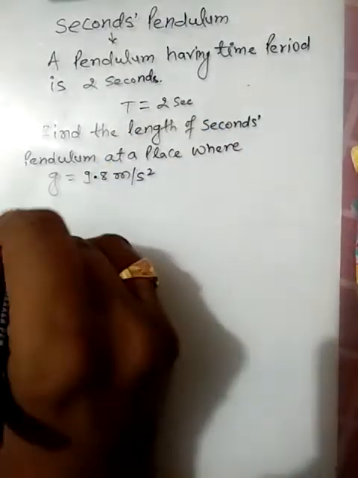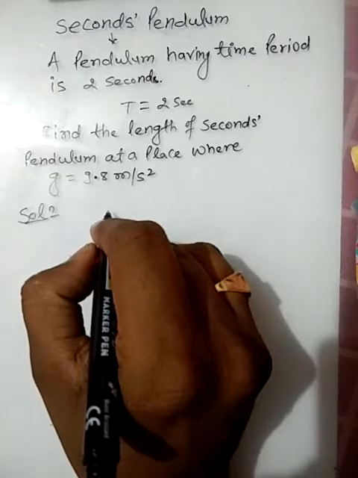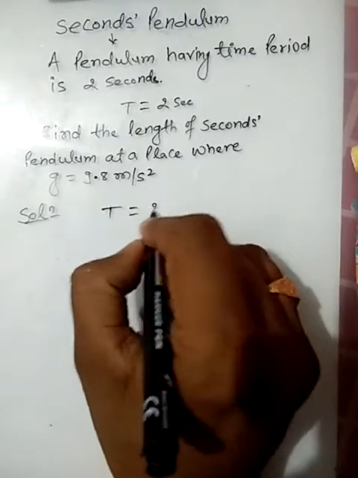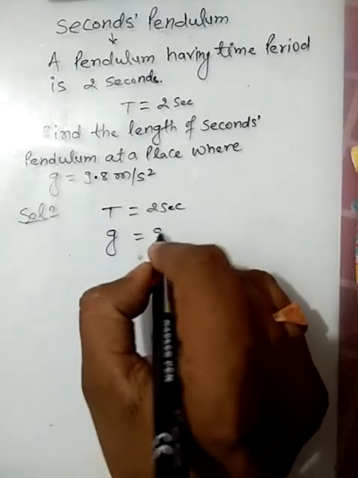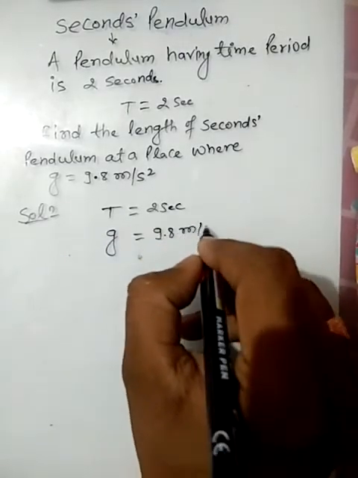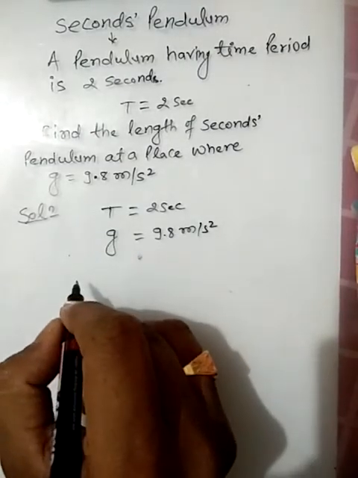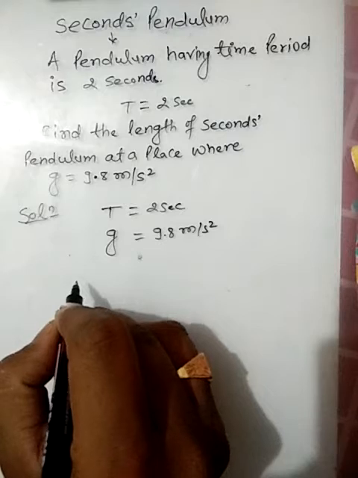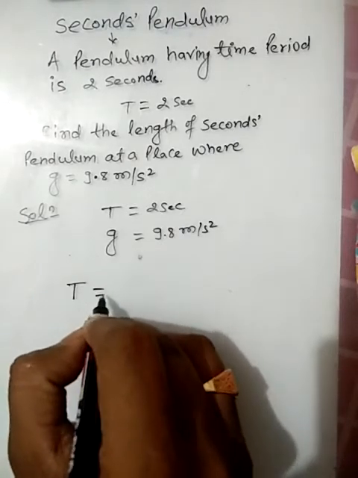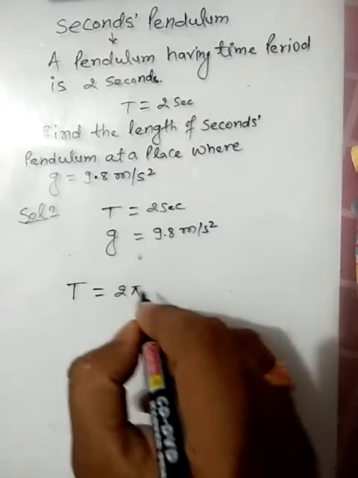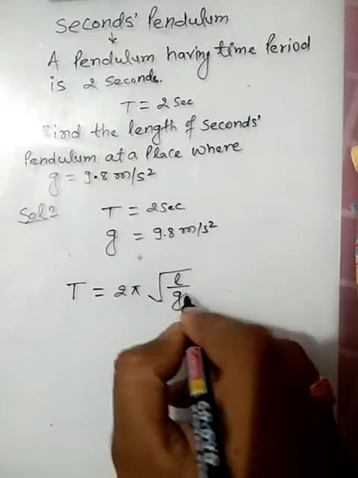As per the definition of the seconds pendulum, we know that the time period for the seconds pendulum is 2 seconds and g is given, which is 9.8 meter per second square. From the expression of time period of oscillation, we know that T will be equal to 2 pi under root length of the string upon g.